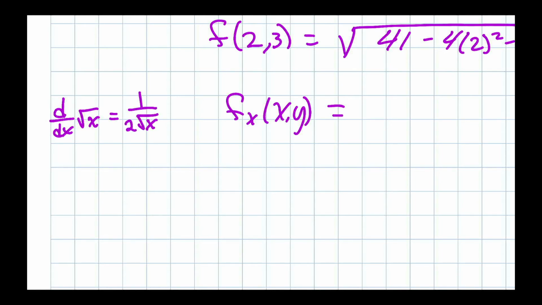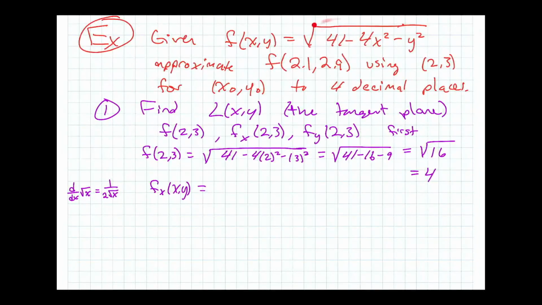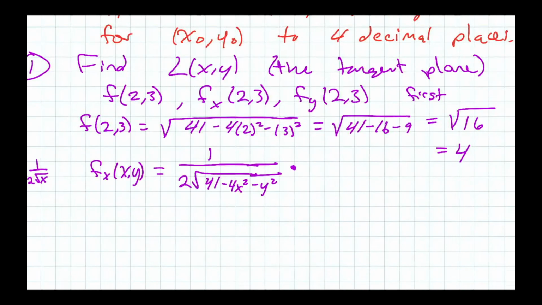Remembering that really just makes your life a little bit easier on problems like this. When I'm taking the derivative here, I go, oh, it's a square root. So the derivative of a square root function is 1 over 2 square root. Now you have all of this stuff inside the square root, and then you have to multiply by the derivative of what's inside.